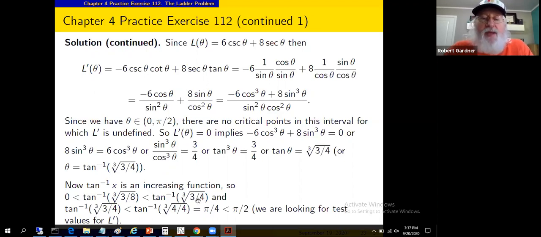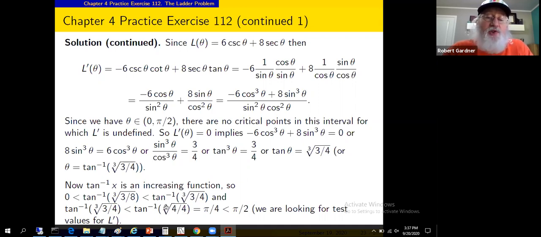How about something bigger than the cube root of 3/4? That's 1. If you like, the cube root of 4/4, 1. This quantity is less than 1. So the tangent inverse of the cube root of 3/4 is less than the tangent inverse of the cube root of 4/4. I pick something bigger to put in the tangent inverse function.